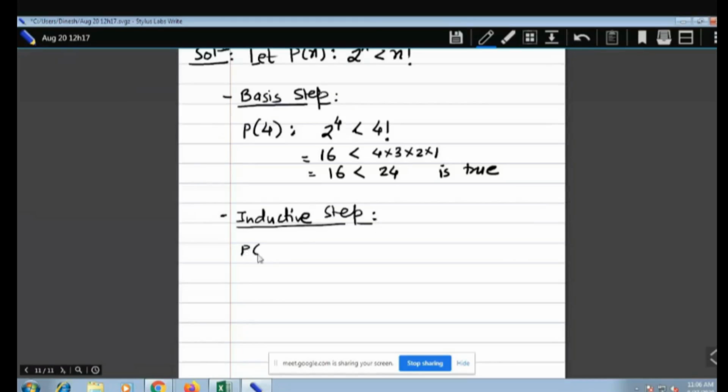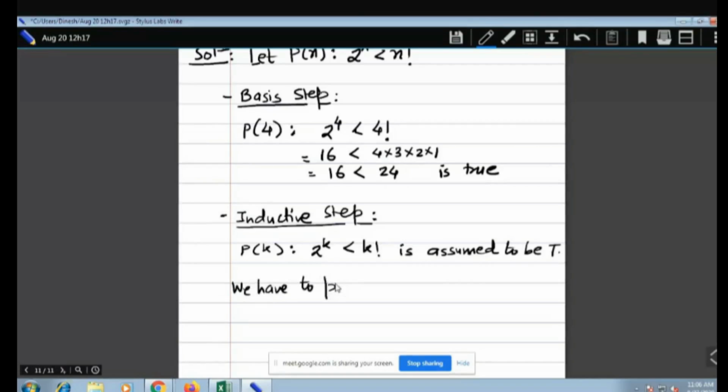So let us say p of k. What is the equation? 2 raised to k is less than k factorial is assumed to be true. Okay, this is what is inductive. So we'll say it is assumed to be true. Okay, and then what is next that we have to prove?